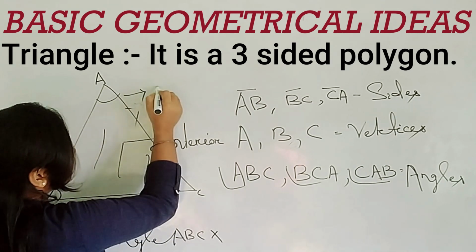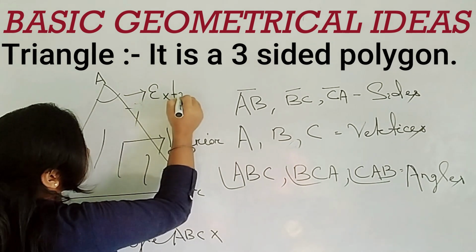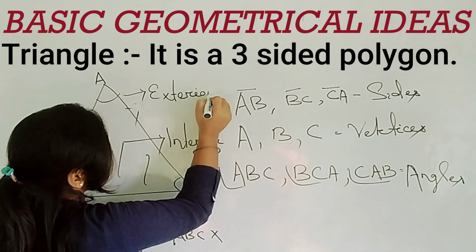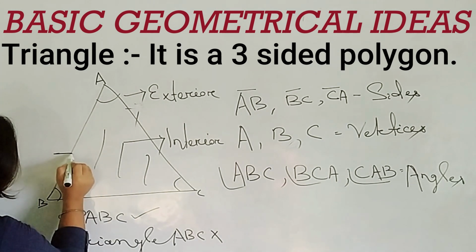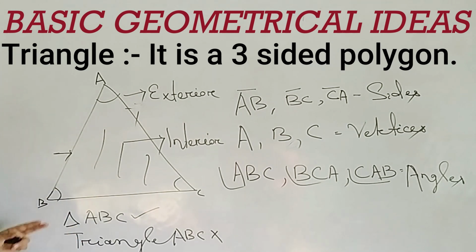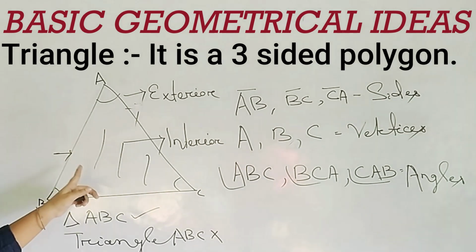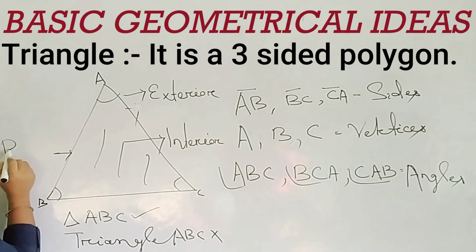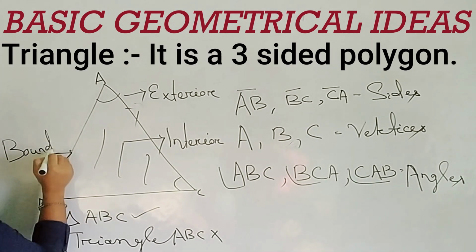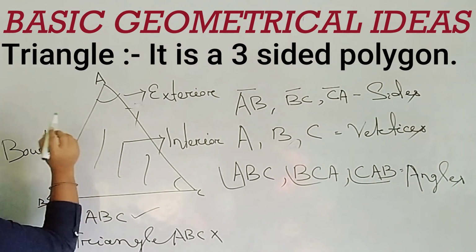And the portion on the triangle, okay, the portion on the triangle is known as the boundary of this triangle. Right? This is known as the boundary of this triangle.